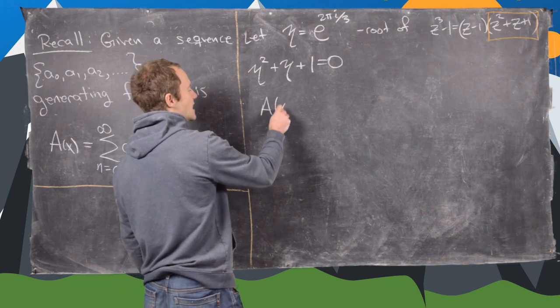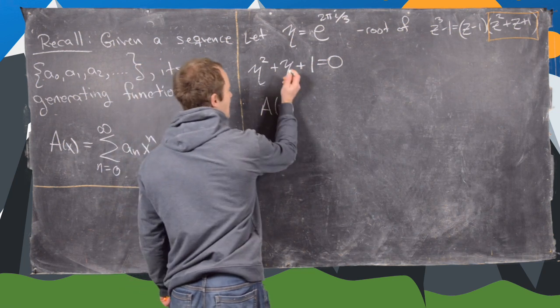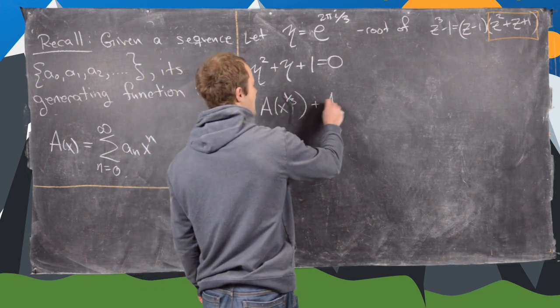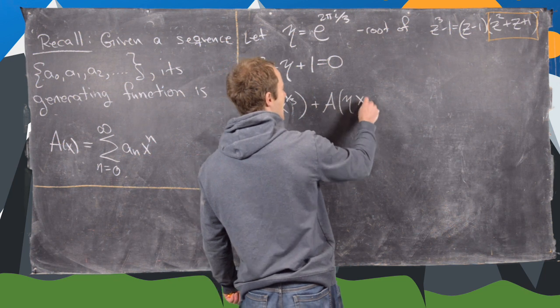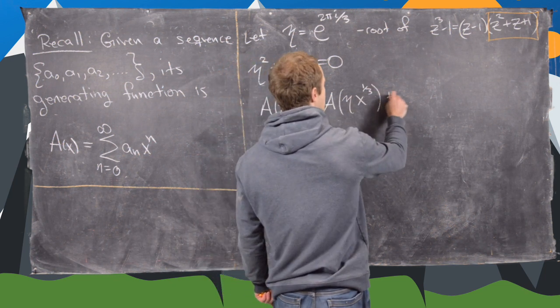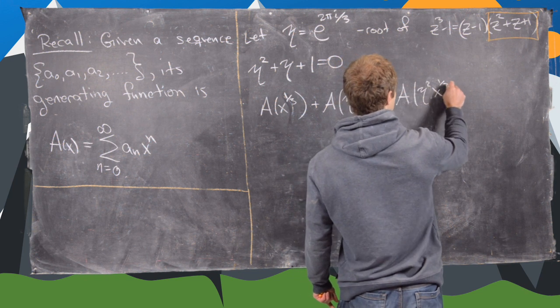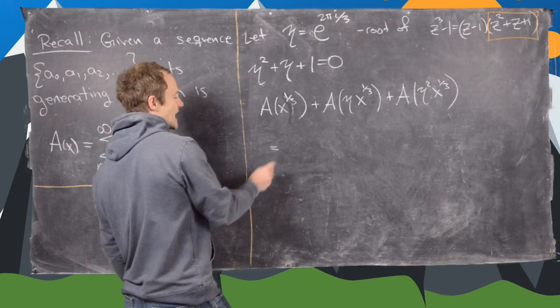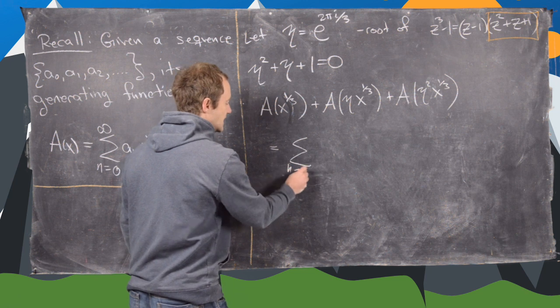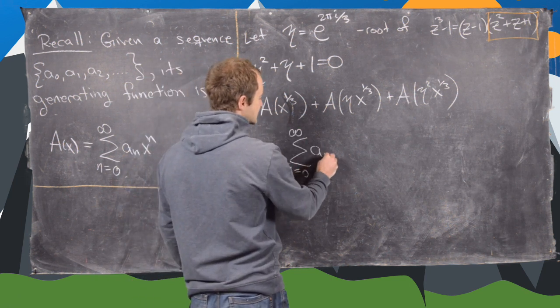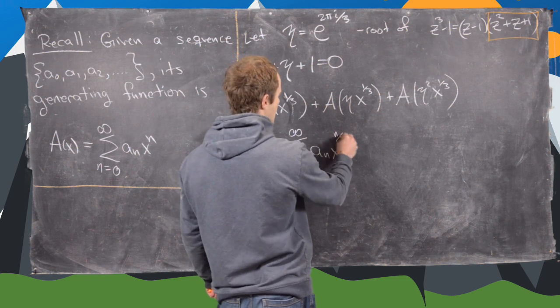So let's look at the following calculation, which will do that. We'll take a of x, actually let's do maybe a of x to the 3rd, plus a of eta x to the 3rd, plus a of eta squared x to the 3rd. Now, notice that's going to be the sum n equals 0 to infinity of a sub n x to the n over 3.